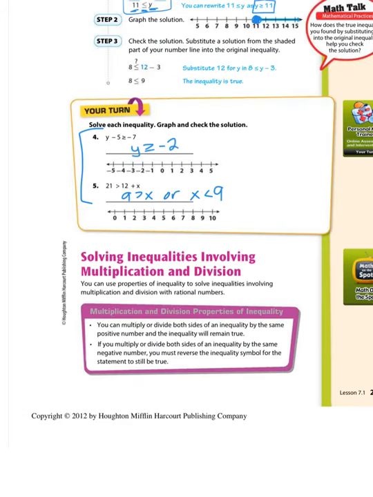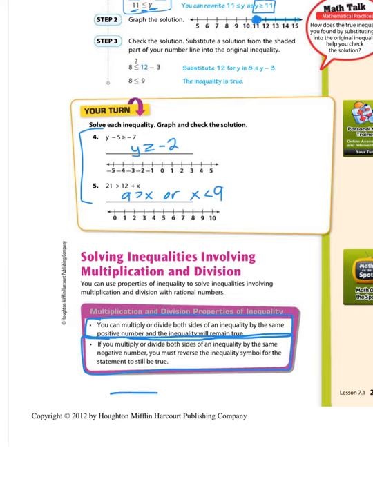Okay, so remember when we said we could add or subtract both sides of an inequality and it'll still be true? That's only true for a positive number when we're multiplying and dividing. When we multiply or divide by a negative number, we actually have to flip the sign. We reverse the inequality symbol for it to be true.